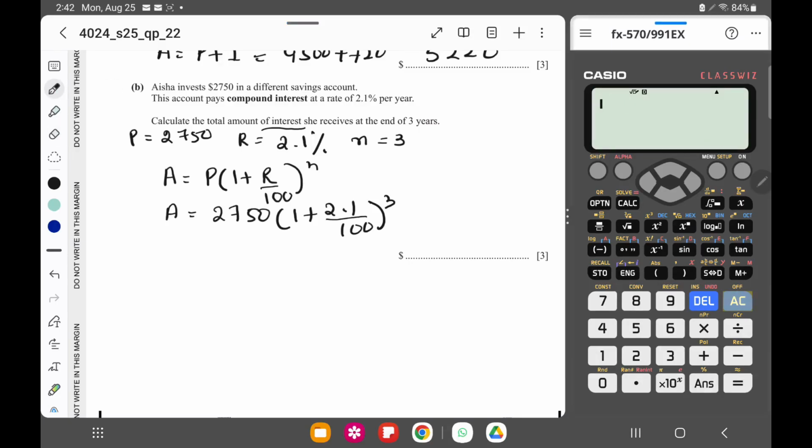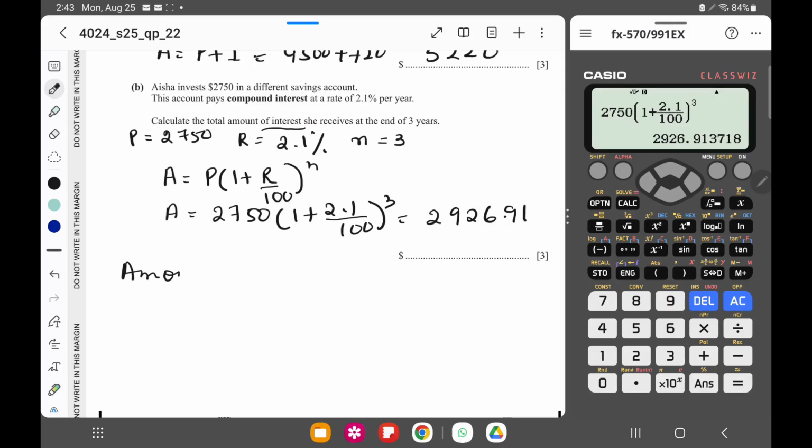Take your calculator, I'm showing you how to do it. 2,750, then bracket open, 1 plus the fraction 2.1 upon 100, go up, bracket close, and put the power 3, and equals 2,926.91. Sorry, this is not the answer, interest is required.